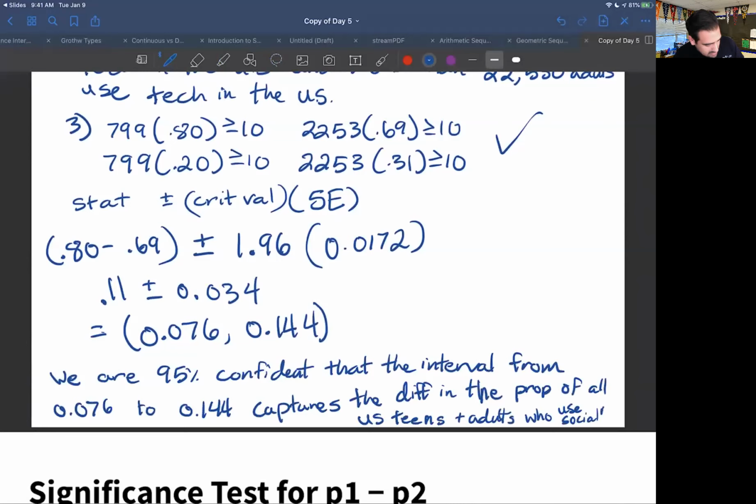I'm just going to say social media. That's how we would interpret that confidence interval.